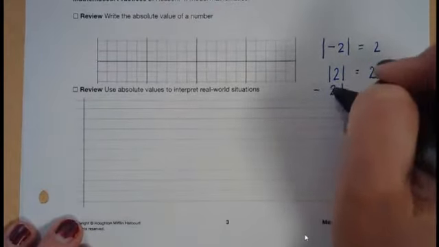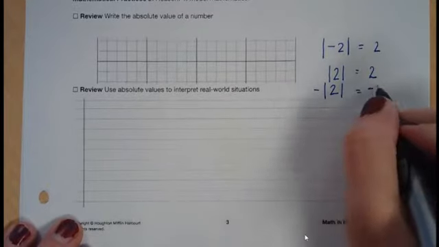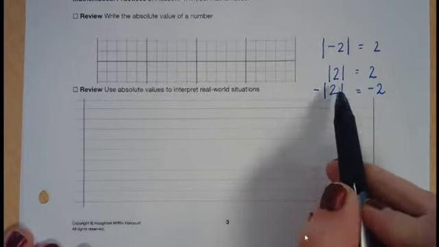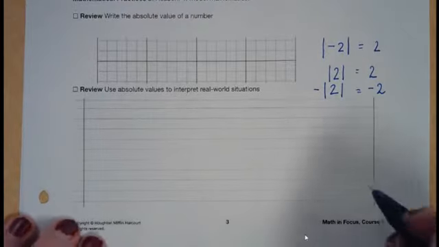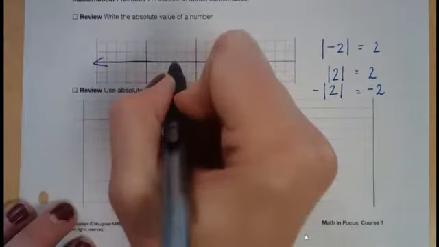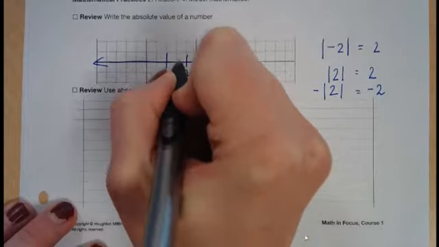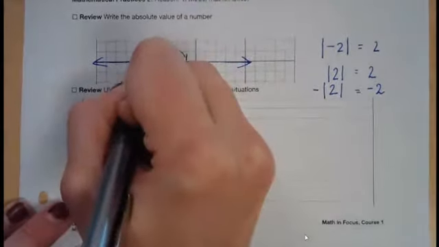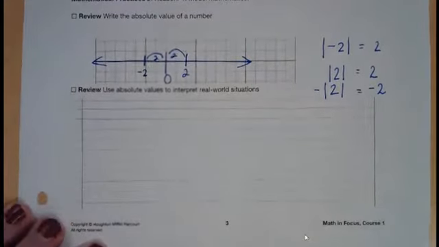Whereas if I had the absolute value of 2 that's negative, this would be equal to -2, because I take the absolute value of 2 first and get 2, and then I put the negative symbol back on. Okay, so these are all saying the same thing, that I have 0 right here, and 2 is 2 away from 0, just like -2 is 2 away from 0.